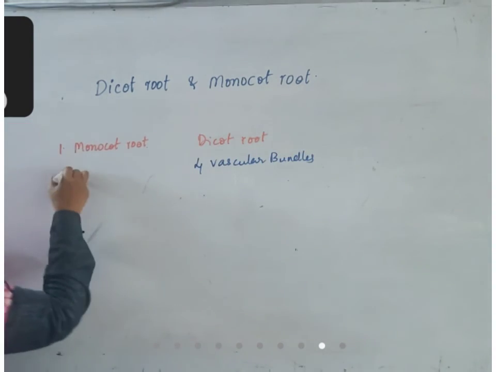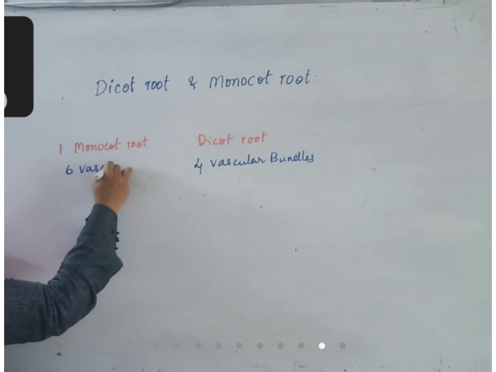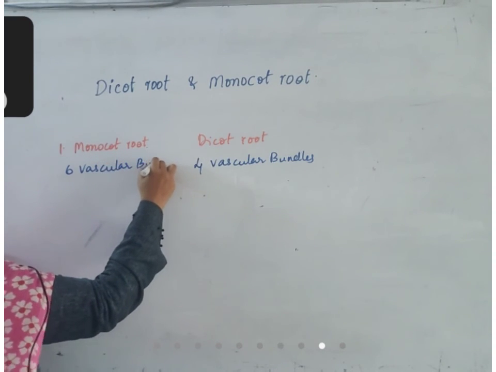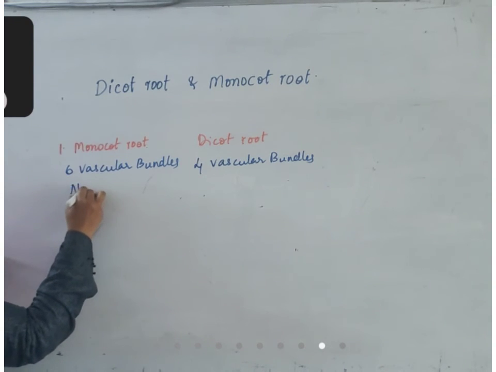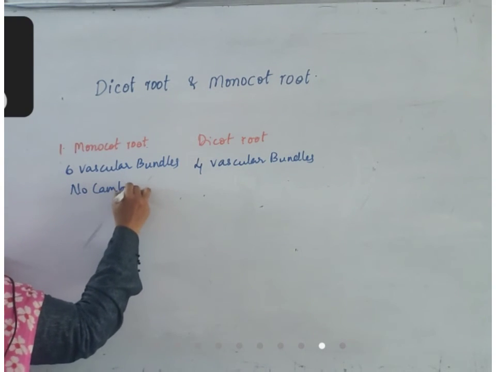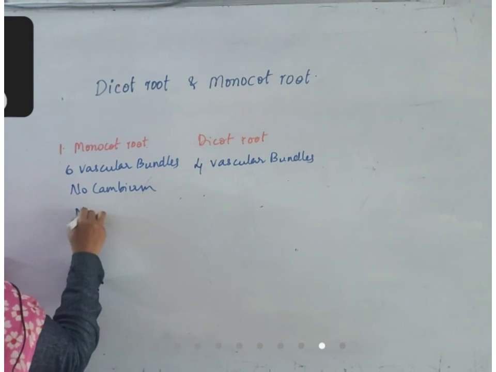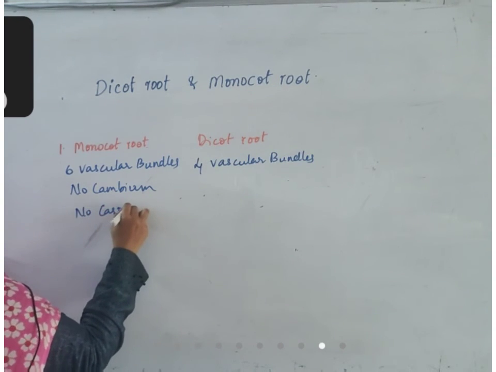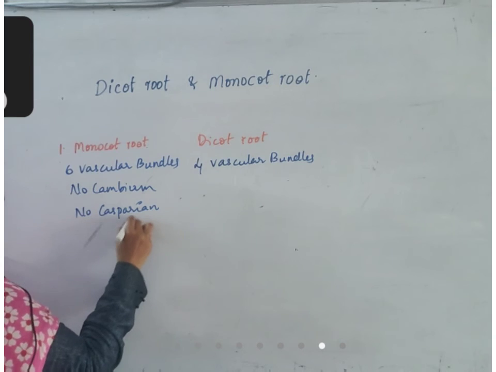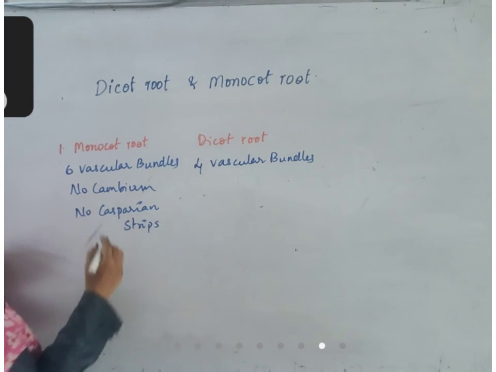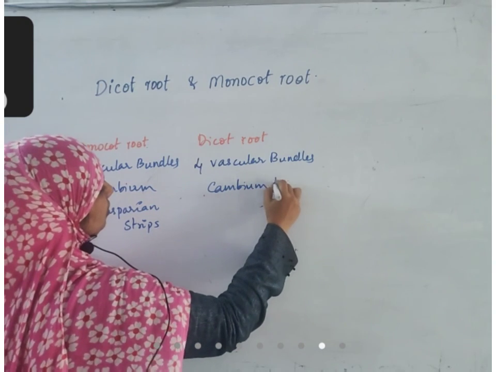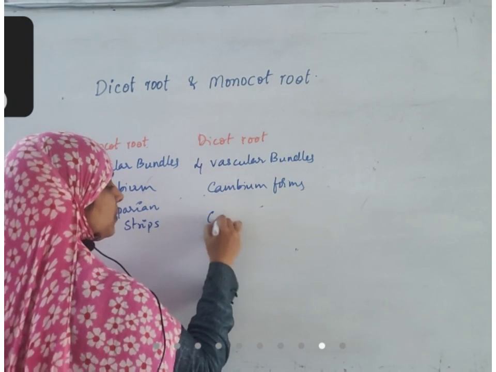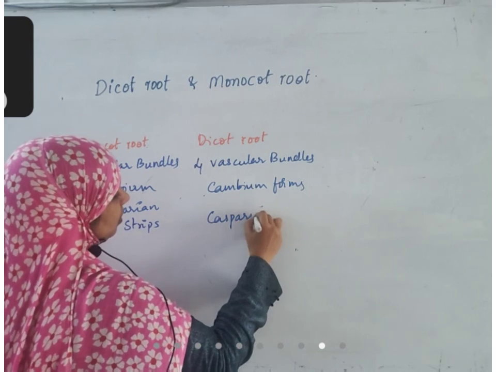Here we have 6 vascular bundles. Here no cambium formation, no Casparian strips. Here cambium forms in later stages and Casparian strips are present. That's all.